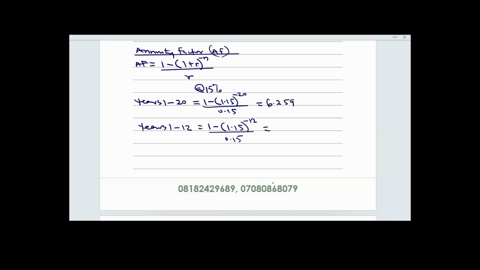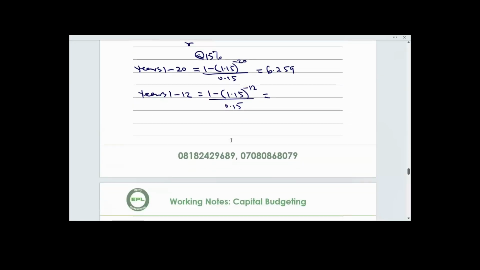What do you have? 5.421. So what's the difference? 0.838. So that will give us annuity factor of year 13 to 20.